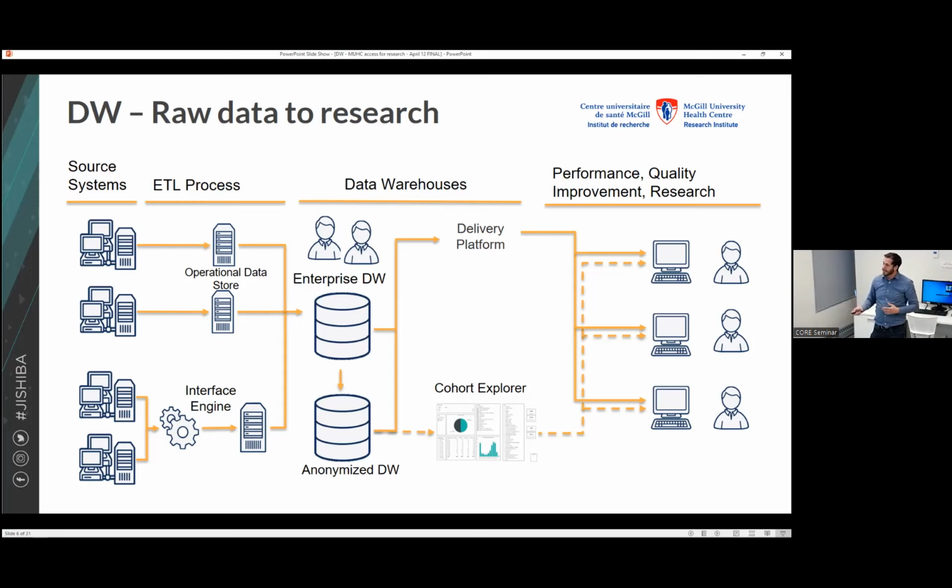That is the data warehouse, an accumulation of already processed data from the real sources. To deliver for performance, quality improvement, and research, basically it's a SQL query to extract the data.